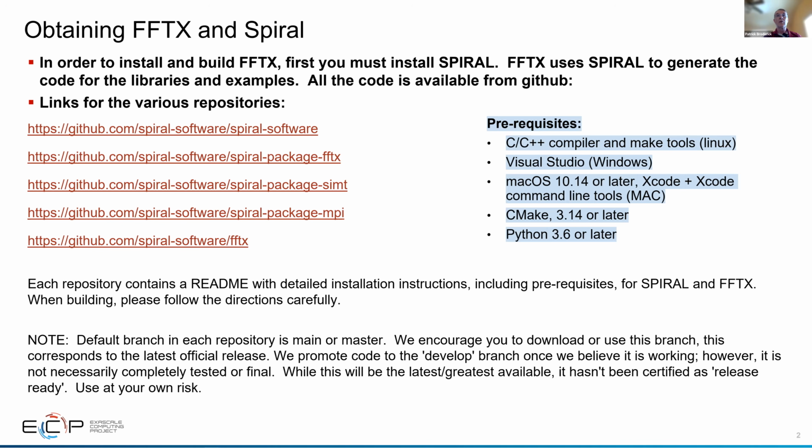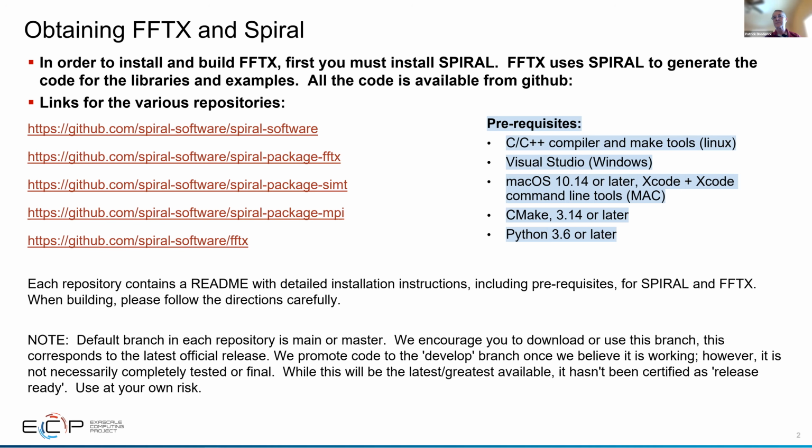All of the code is available on GitHub, and the repositories are all listed here on the left. Just briefly, there are a few prerequisites required in order to build and install all the code.